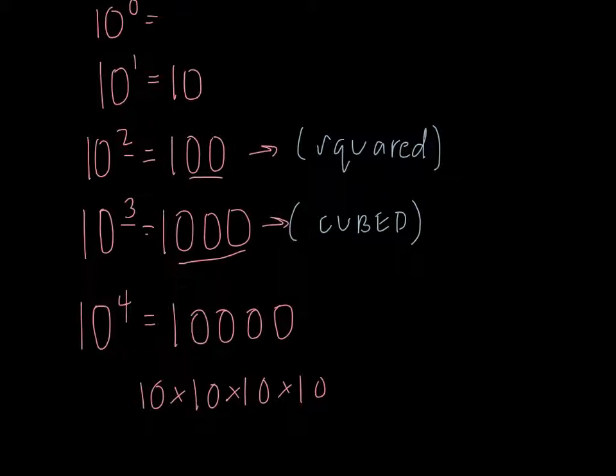Now, one extra piece of information is if we go and look at 10 to the 0 power. Notice that in all of the other examples, I took 10 and I multiplied it by 10 as I moved up a power. And then I took 100 and multiplied it by 10 to move up to the third power. And so on and so forth.